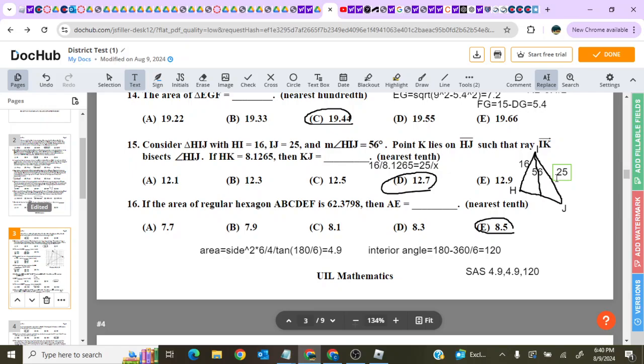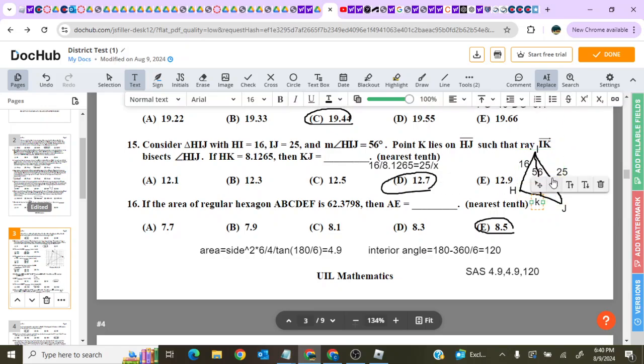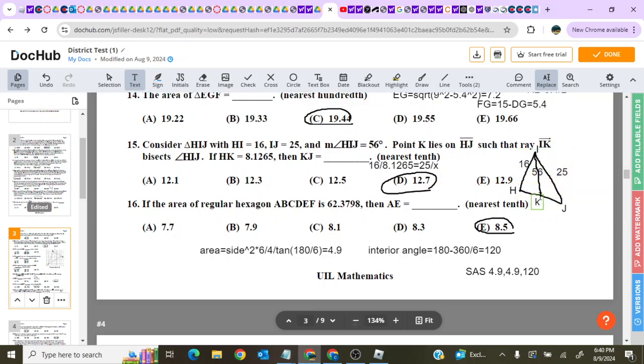Consider triangle HIJ with HI equal to 16, IJ equal to 25, and measure of angle HIJ is 56. Point K lies on HJ such that ray IK bisects angle HIJ. If HK is equal to 8.1265, then what is KJ? Well, this is pretty much the same property we mentioned earlier.